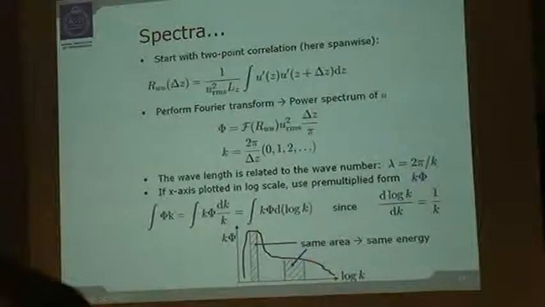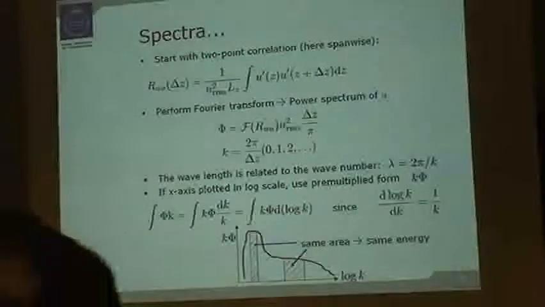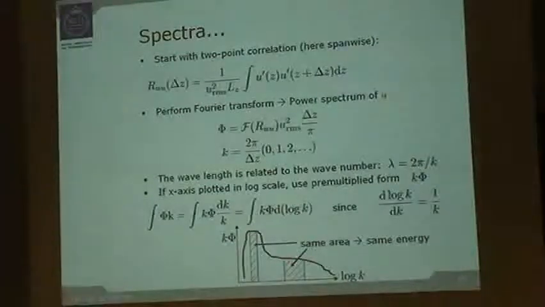So the relation between two-point correlation and the power spectrum is the Fourier transform. That's essentially everything I wanted to say here.